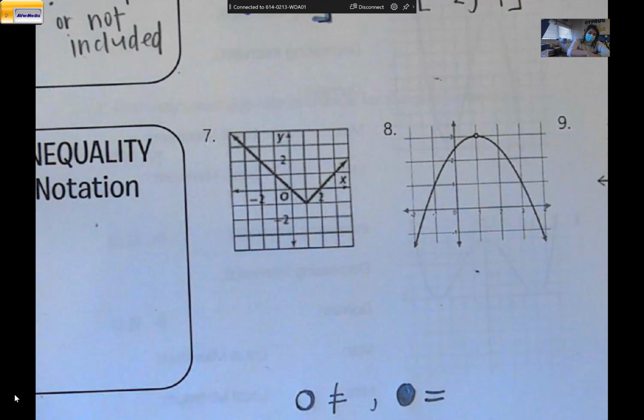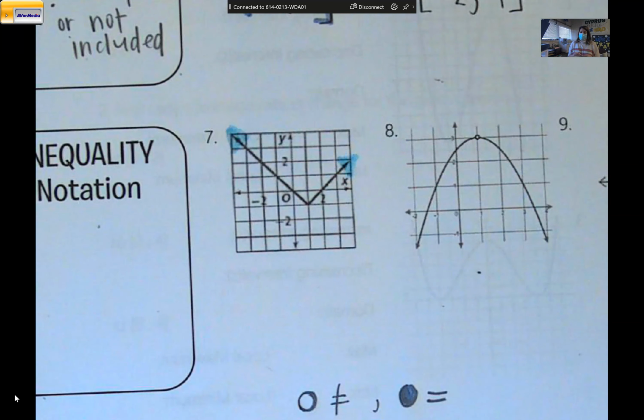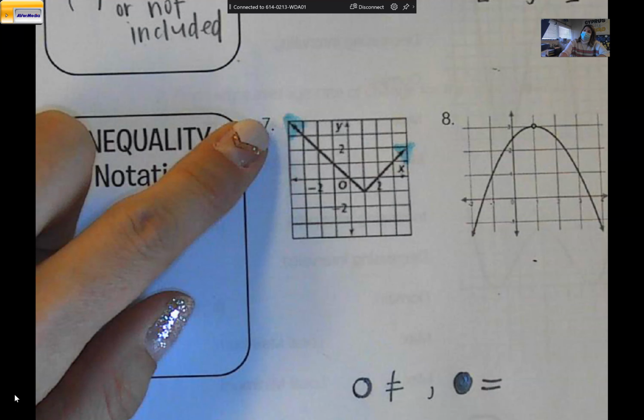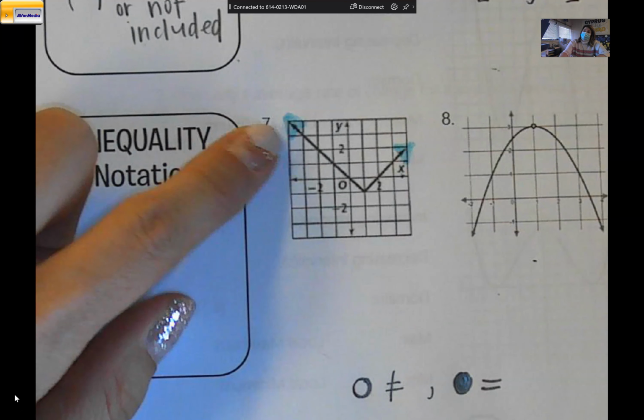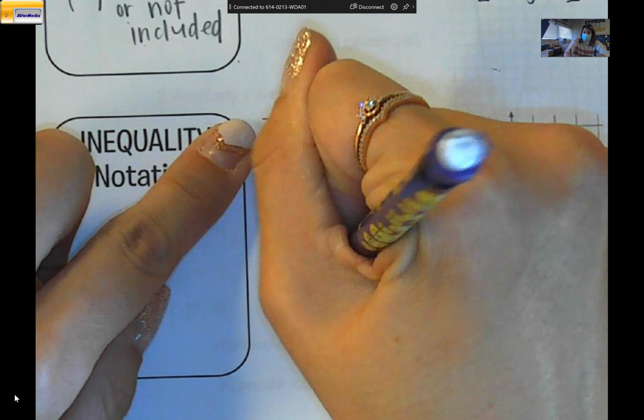So now, oh dang, look at this guy. He's our first one with 2 arrows. So that means on the lower bound, this arrow is going to go to negative infinity.